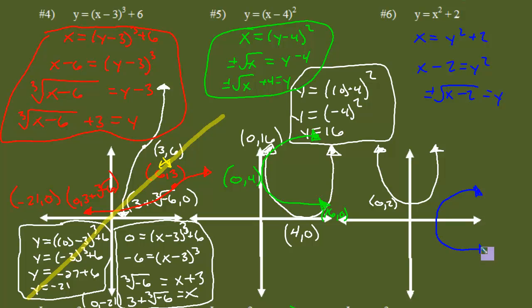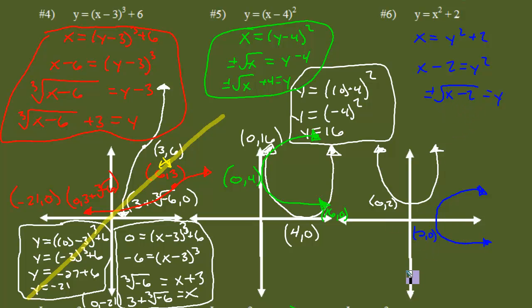So it looks a little something like this. Should be the same width, if you will, as this graph here. I didn't draw this wonderfully. Maybe a little more like that is more accurate. And this x-intercept is 2, 0. It's the opposite of that y-intercept. If you look at this, this plus or minus square root means it's the inverse of the parent graph, which means it's reflected over the line y equals x.